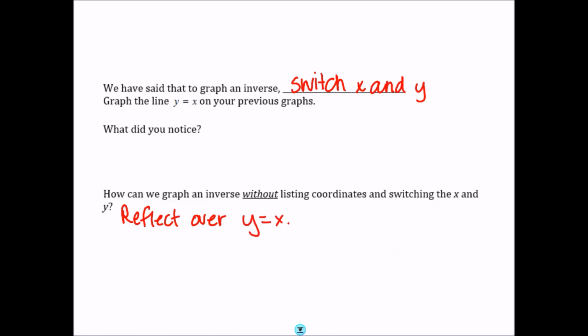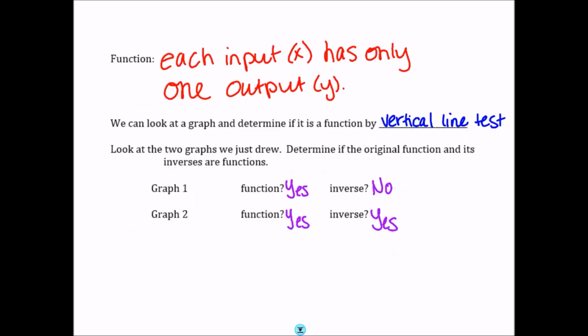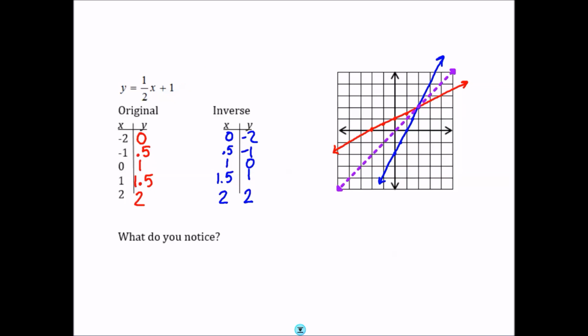So if you're a more visual person and you can see how to just flip this red line over the purple line and end up with the blue line, that's great. If you prefer tables and you would rather list out the xy coordinates and switch them, that's fine, as long as you understand that you can switch xy coordinates or you can reflect the graph over the line y equals x.